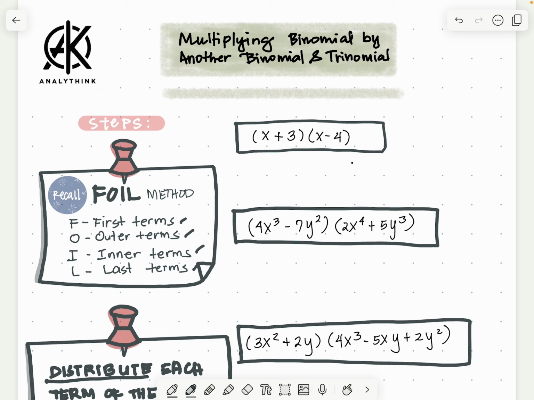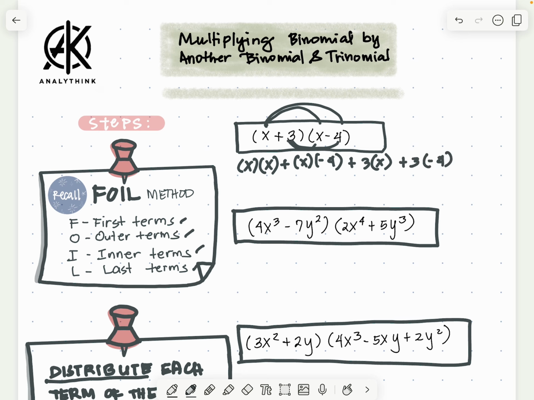So if we're going to distribute each term here, first terms first: you have x times x, plus x times -4, and then inner terms, plus 3 times x, and then last terms, positive 3 times -4.